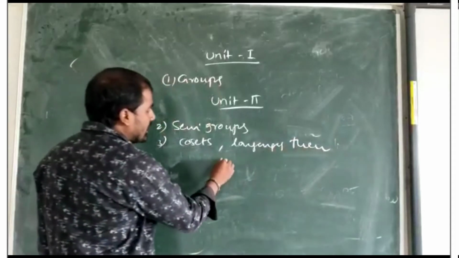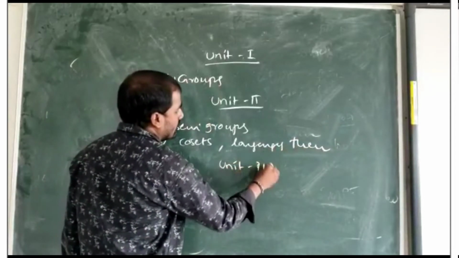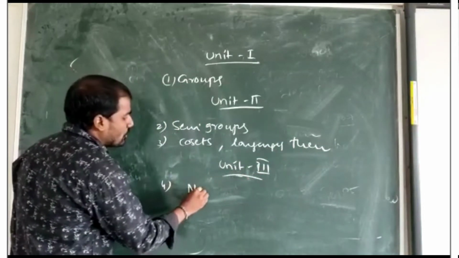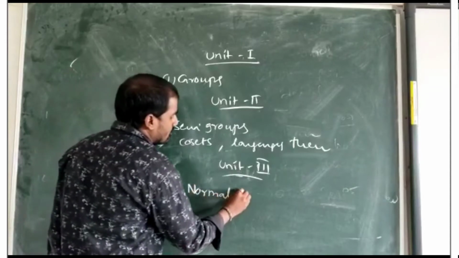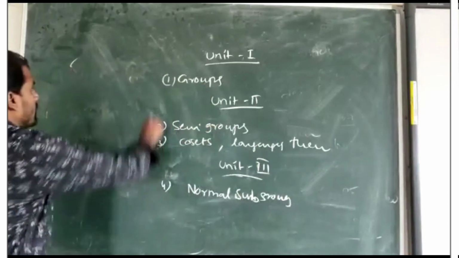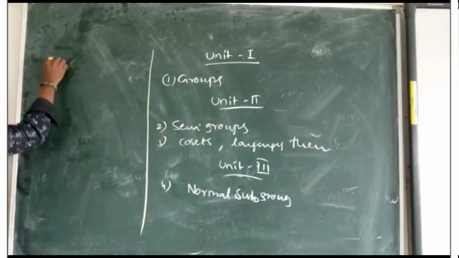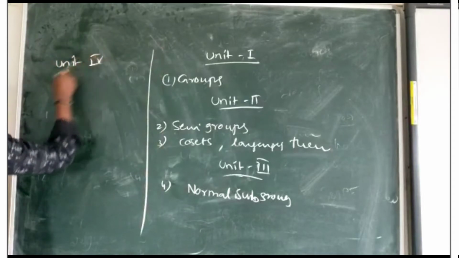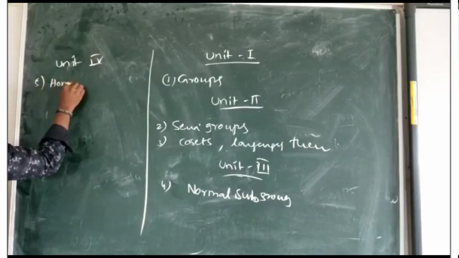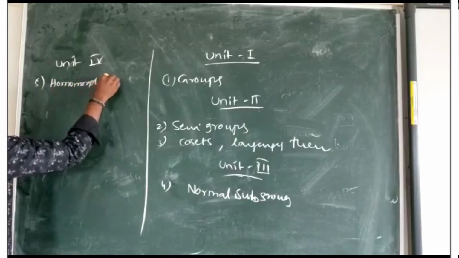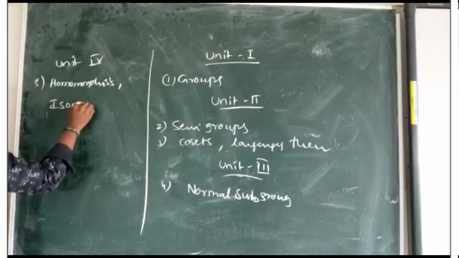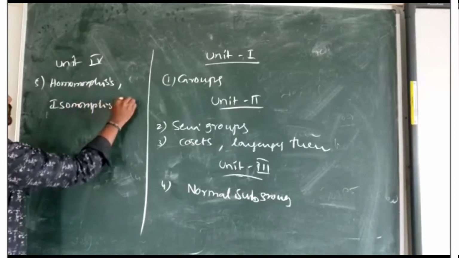And unit 3, fourth topic, normal subgroups, and unit 4, fifth chapter, homomorphisms, isomorphisms of groups.